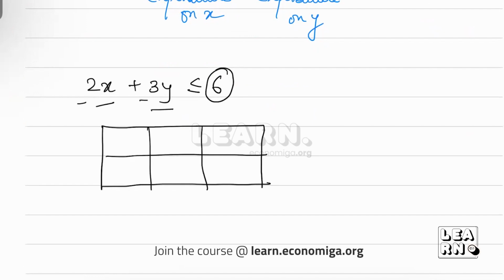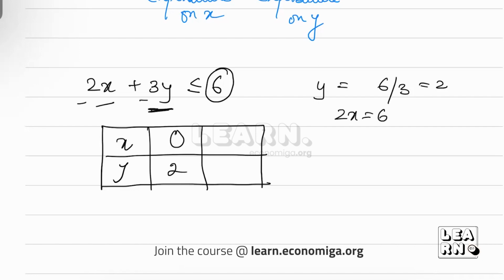We need two intercept points, that will be enough. If X is 0, Y will be 6 by 3, which is equal to 2, right? If Y is 0, then 2X is equal to 6, so X is equal to 3.